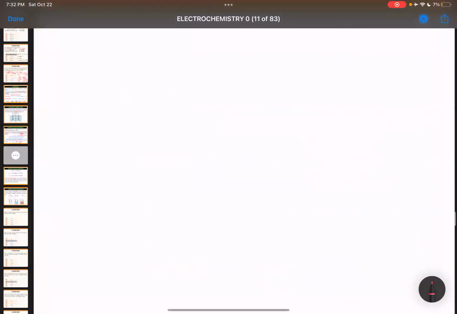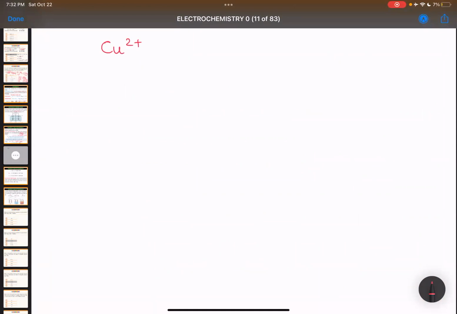Suppose copper. What is the value of Z for copper? Its molecular weight is 63.5. Tell me.